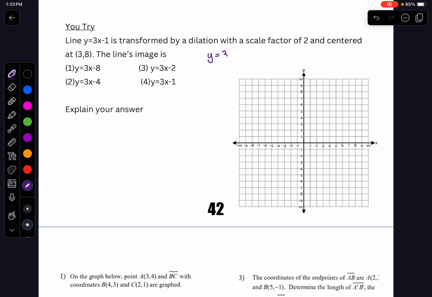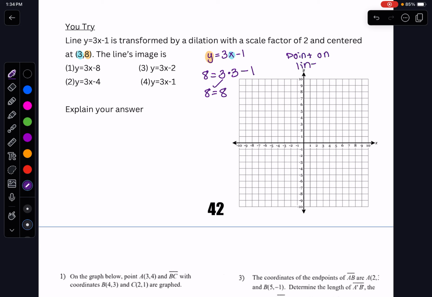So your equation is y equals 3x minus 1. If you're looking at your coordinate point, we have (3, 8). 3 is your x value, and 8 is your y value. If this point is on the line, it will make this equation true. So we have to say, is 8 equal to 3 times 3 minus 1? And lo and behold, they are equal. So this is a point on the line.